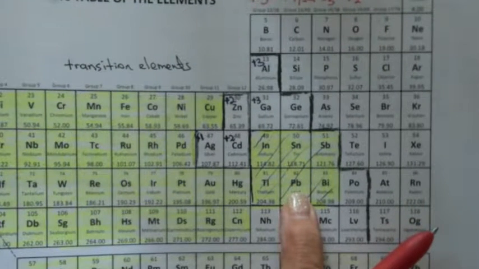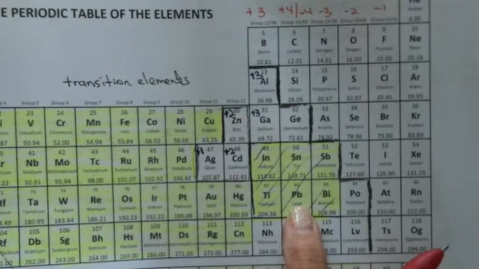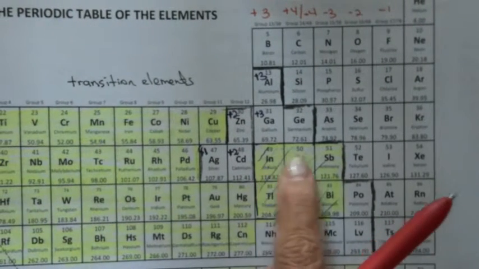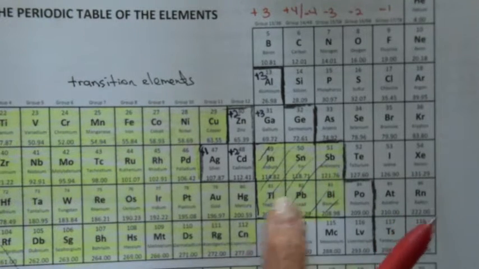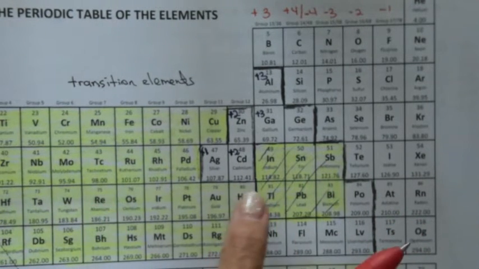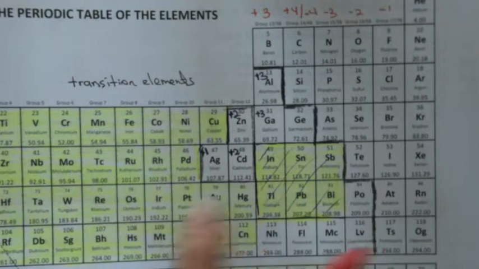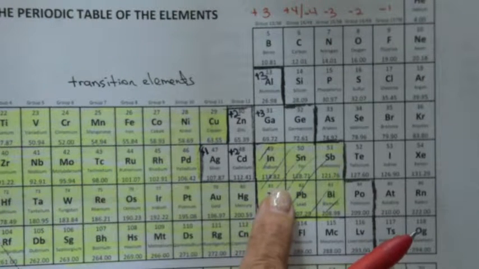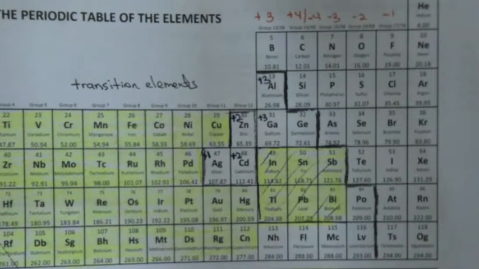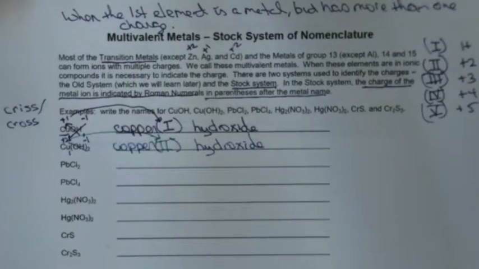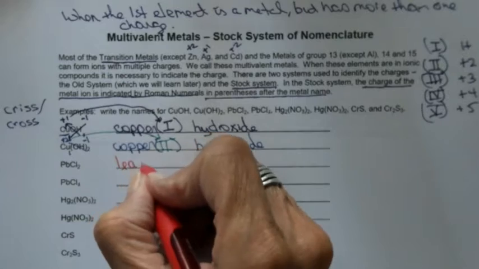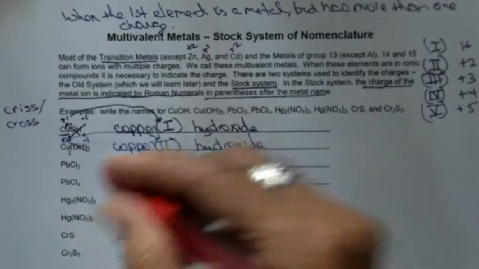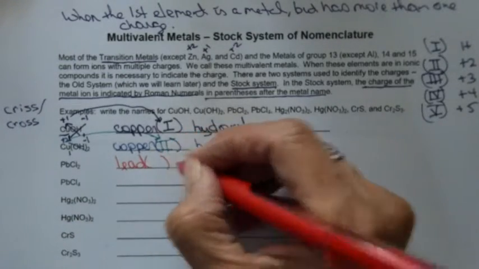It is in the wrong column to be transition, but these act like transition elements. They have multiple charges. Therefore, I must use parentheses and determine what their charge is. Pb is lead. I do not know its charge at this moment.